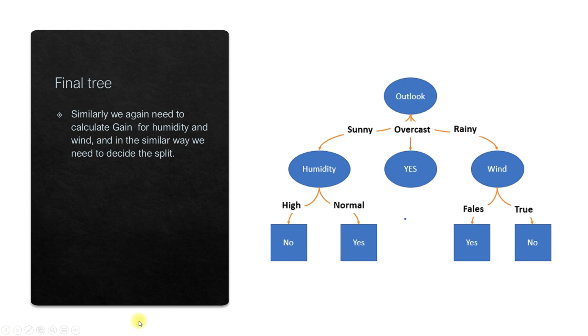For example, after high and normal there is no further split, and similarly after false and true there is no further split. The decision tree will stop splitting until the particular node is pure. For overcast, we have seen that all the values are yes, so we stop the split there.